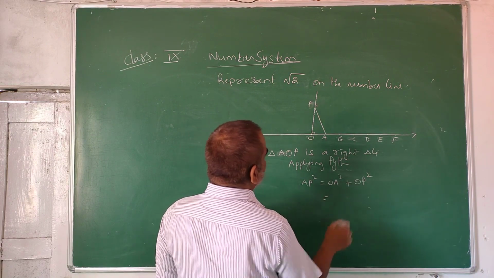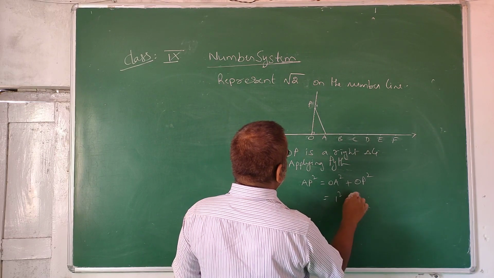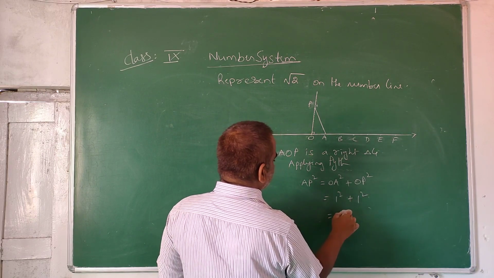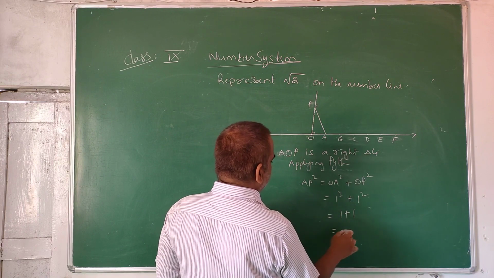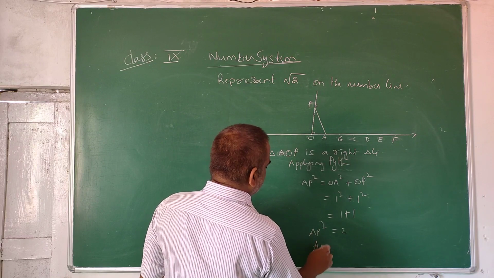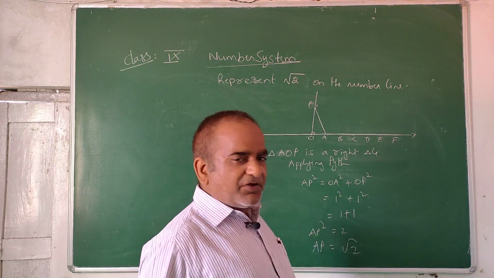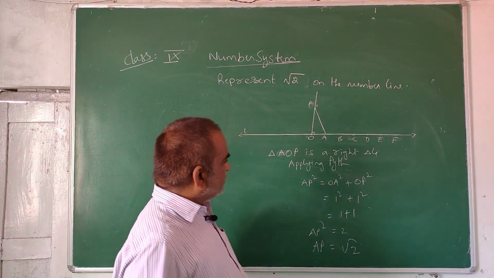AP is unknown, OP is known as 1 and OA is known as 1. So 1 square plus 1 square, 1 plus 1 is 2, AP square is equal to 2. So AP is equal to root 2. So you got AP is equal to root 2.